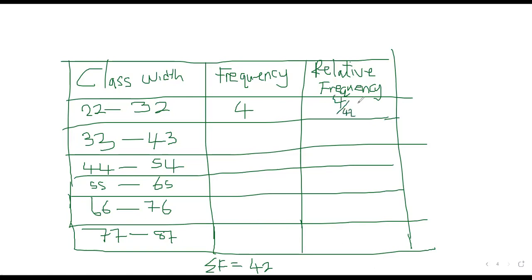Just an example on that one. 4 divided by 42 is actually 2 over 21. So, yeah. Then getting to the stem and leaf plot. So the stem and leaf.